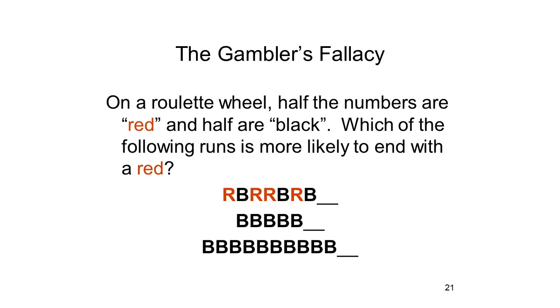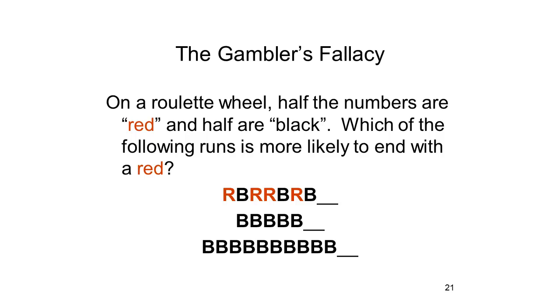People are prepared to accept a relatively short run of blacks, as in the second example, but they expect that following a long run of blacks, the random process will have to somehow straighten out and produce a red. But the probability of getting a black number is 1 out of 2, and the probability of getting a red number is also 1 out of 2, and these probabilities are strictly independent.